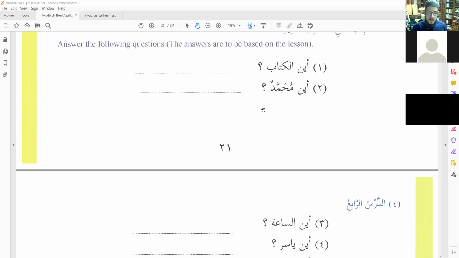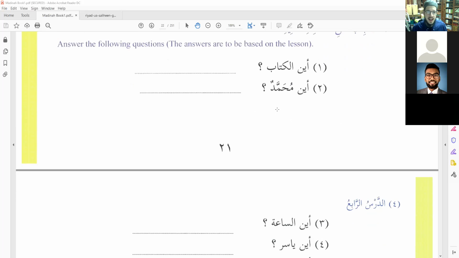Brother Tamim, can you do number 2? Sure. So, أين محمد؟ محمد في الغرفة أو في الغرفة. Excellent. Thank you very much for doing that. Yes, and an Arab would never say fil ghurfati, but we're learning, and so we're making sure we're pronouncing everything correctly.